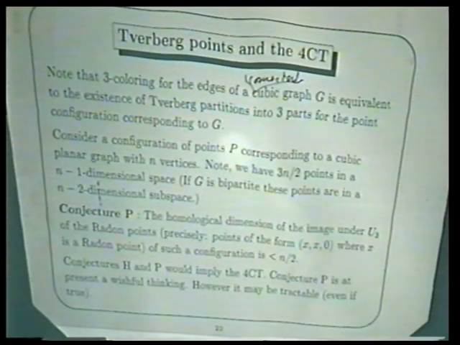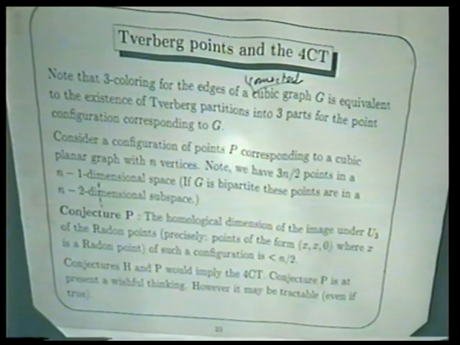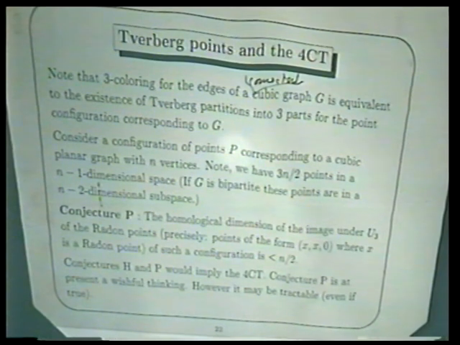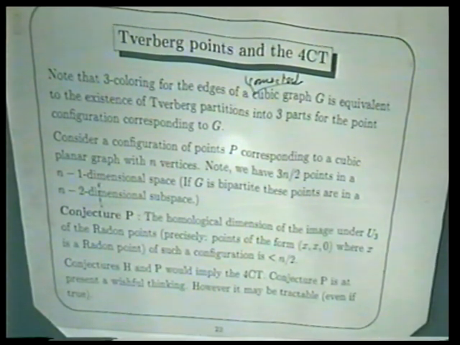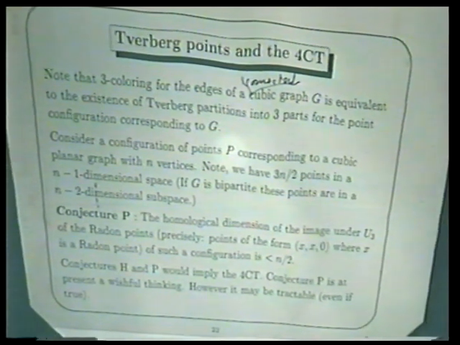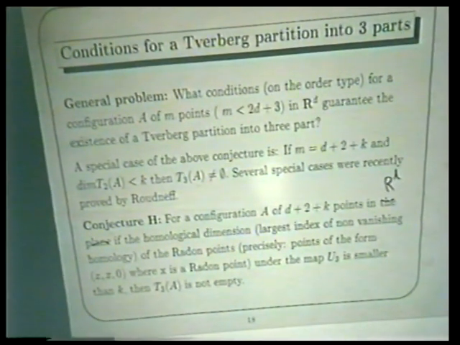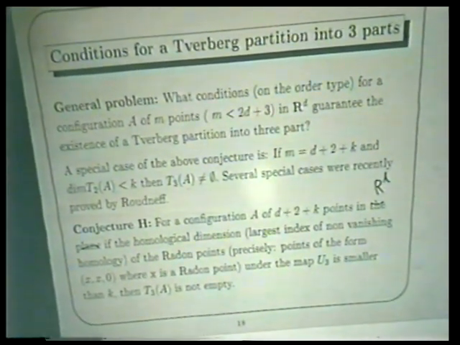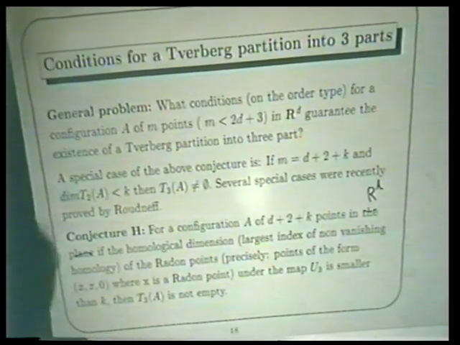And the conjecture is that the homological dimension is 1 less. So these two conjectures would imply the four-color theorem. I have more confidence about this one. I don't know why, but this at least relates to things I thought about for a long time without success. This gives you some strange sense of confidence, probably unjustified.